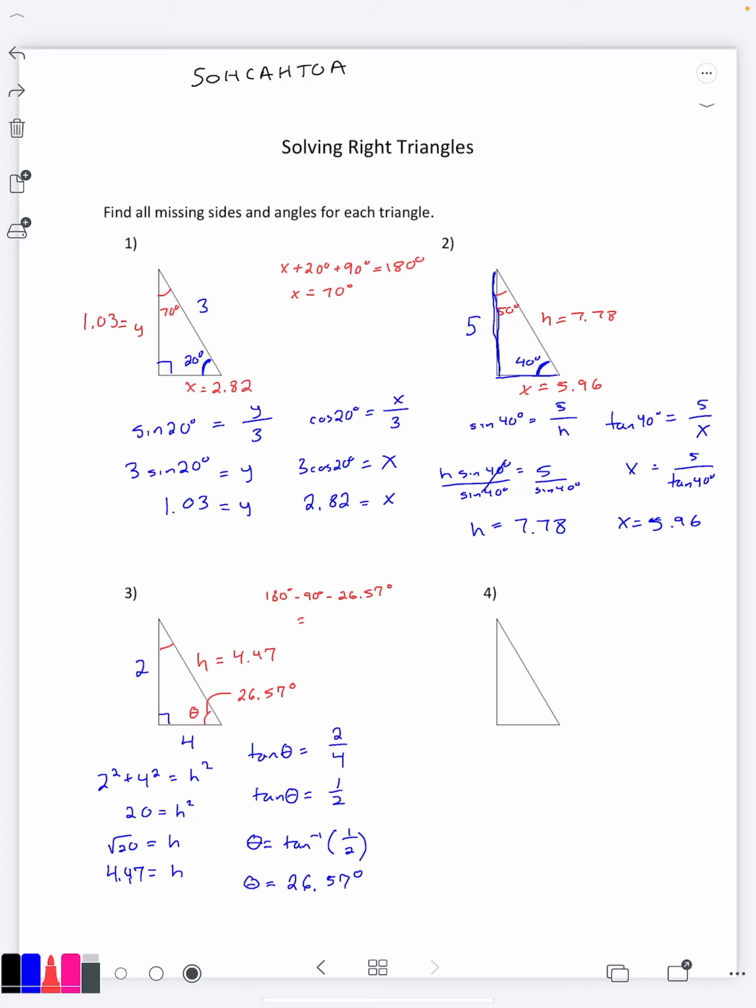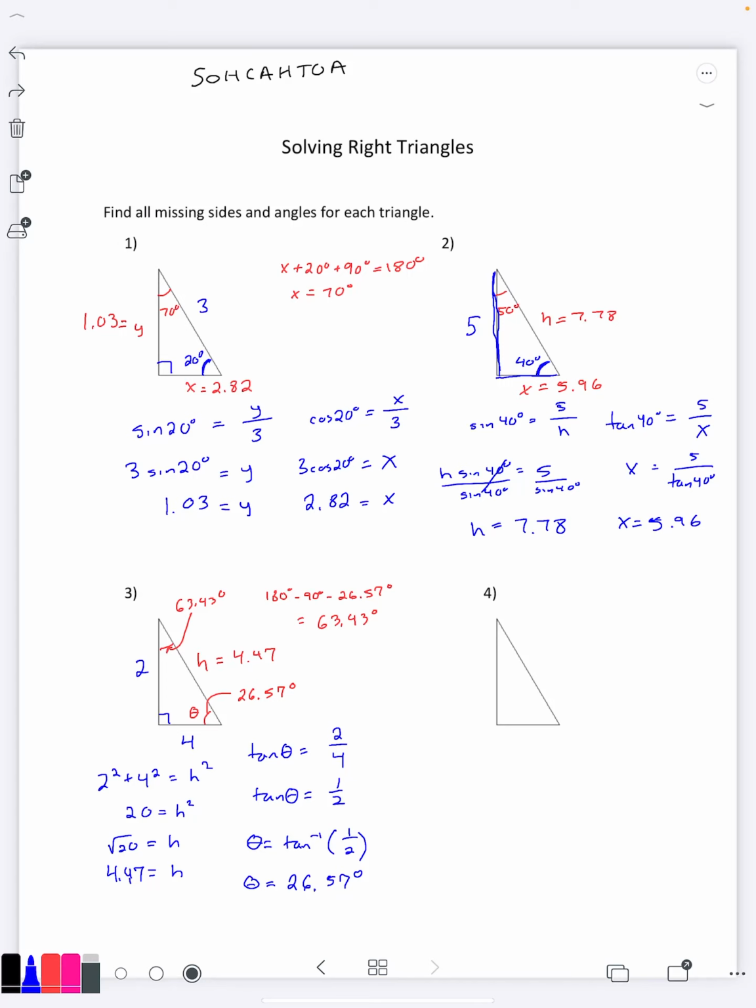And we should get 63.43 degrees. And so, in fact, you can still get the missing angles using these inverse trig functions to get the answer. Now, this is something that absolutely requires your calculator. You cannot just do this by hand for whatever numbers you put in there. And as I said, we'll have a later video in a different section that goes into a lot more detail on these inverse trig functions.